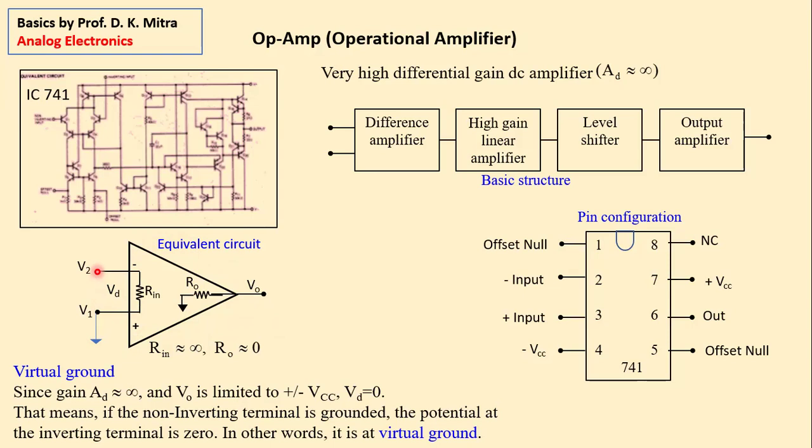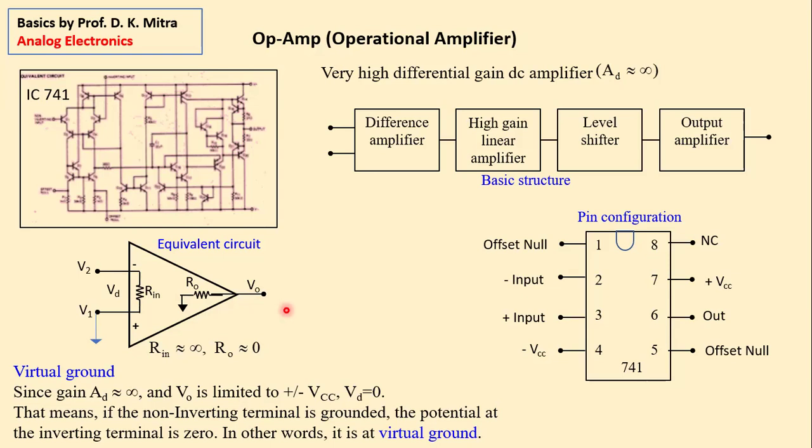And common mode gain is 0. That means output should be 0. But sometimes it may happen you find output is not 0. Output may be a few microvolt plus or minus.